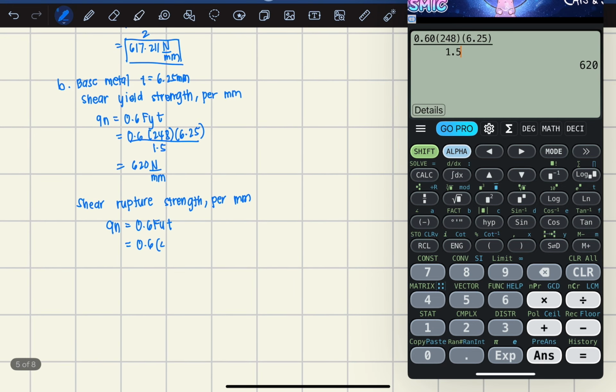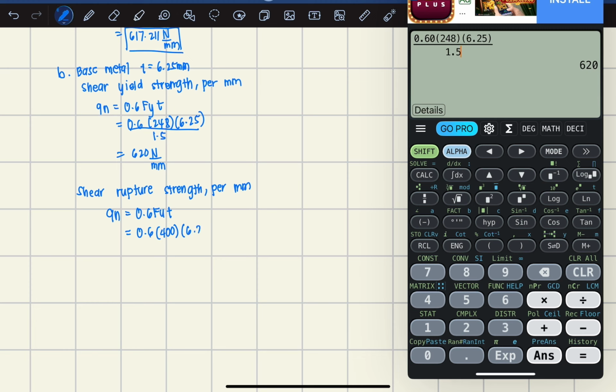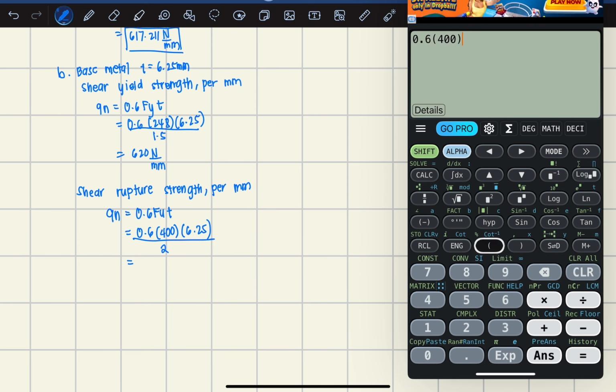So, 400 yung Fu niya times the thickness of 6.25 over, again, the safety factor of 2 para sa rupture naman. 0.6, 400 times 6.25 na 750 Newton per mm.